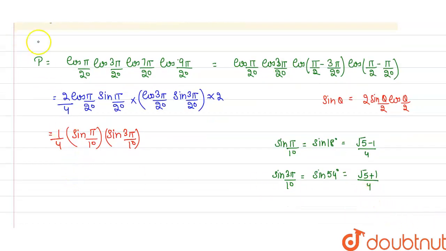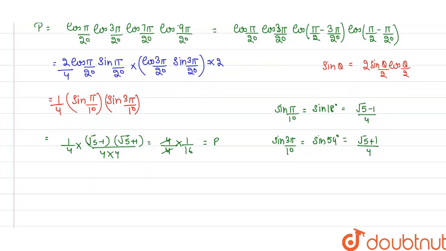So we will put those values here, and we will get 1 by 4 into root 5 minus 1 into root 5 plus 1 divided by 4 into 4. This becomes a minus b into a plus b, that will be 5 minus 1, that is 4, and this 4 will cancel out with this 4, and we will get 1 by 16. So my p value is 1 by 16.